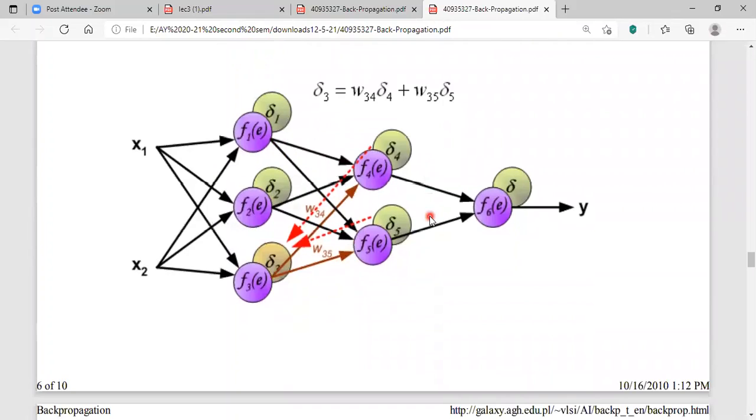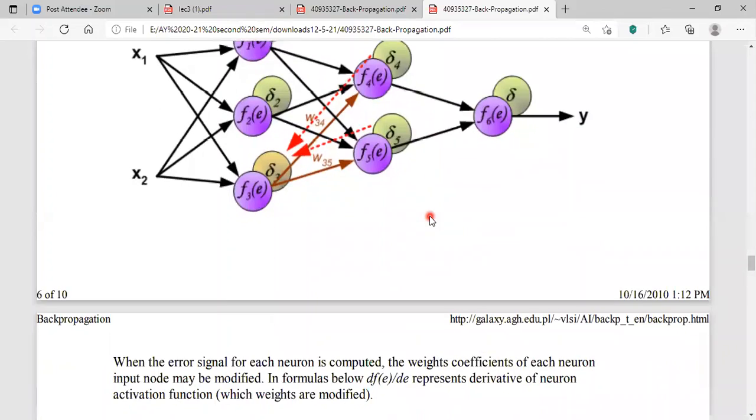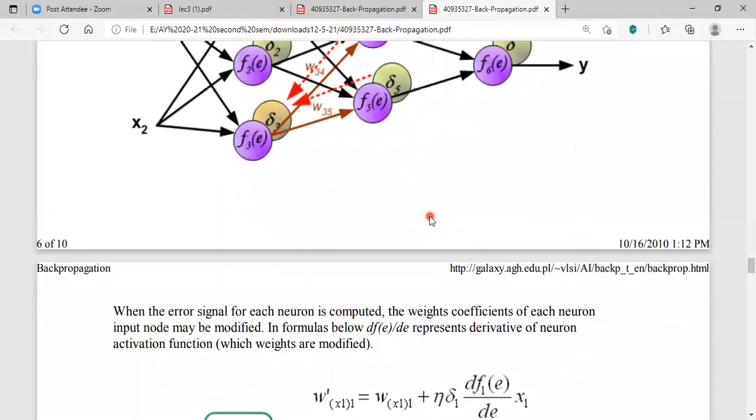So next thing is you need to update your weight coefficients. The error of each neuron is computed. Now the weight coefficients of each neuron should be updated.